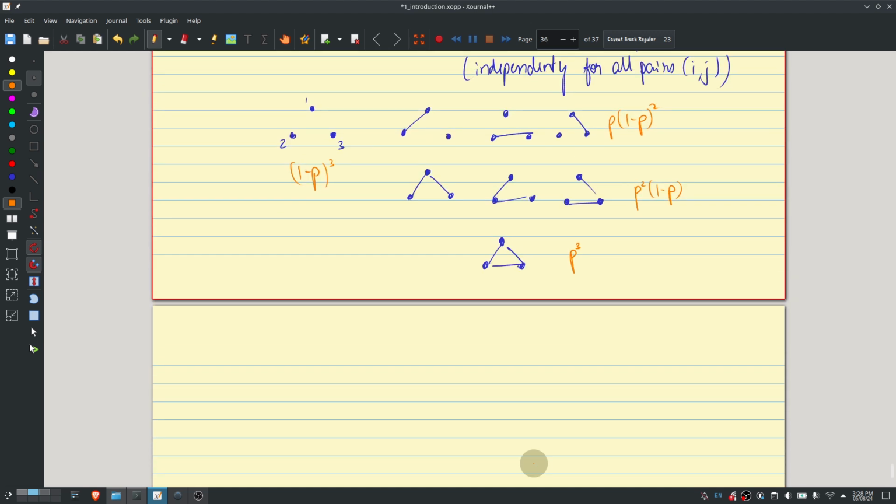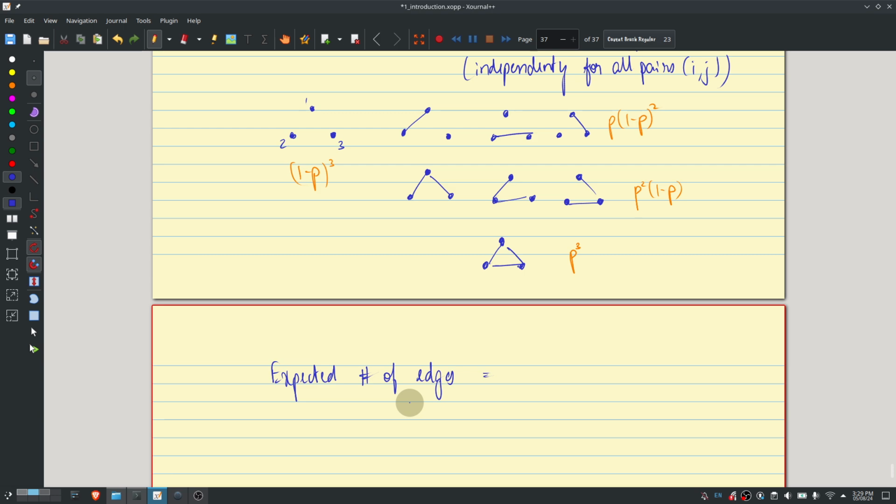So now that we are fairly comfortable with the model itself, let's see what other properties these classes of graphs have. Right? What is the expected number of edges in general, in G of n comma p?